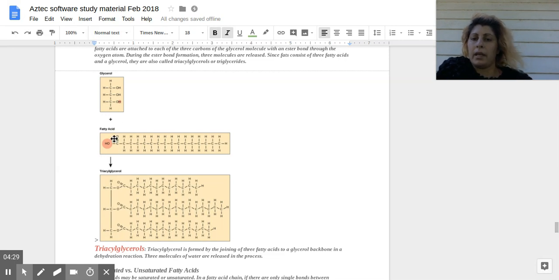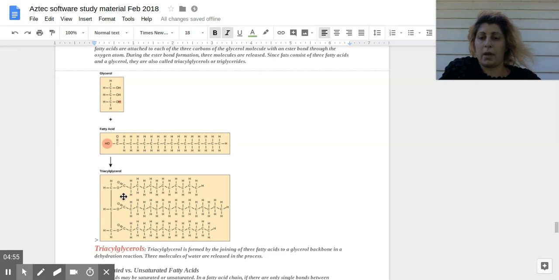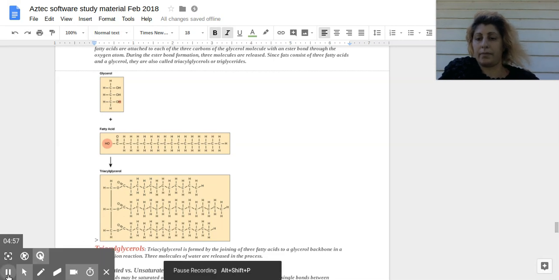So the hydrogen from the fatty acid combines with the hydroxyl group of glycerol, making three waters, and the oxygen, which is basically the linking point between the glycerol and the fatty acid chain, is there, and the other double-bonded oxygen, which is on the fatty acid chain, makes an ester bond at that point.